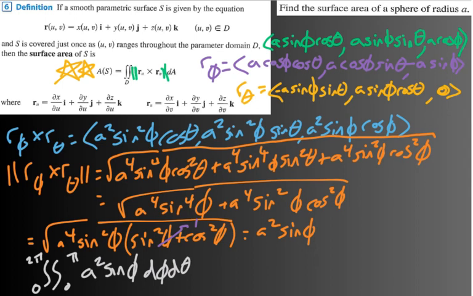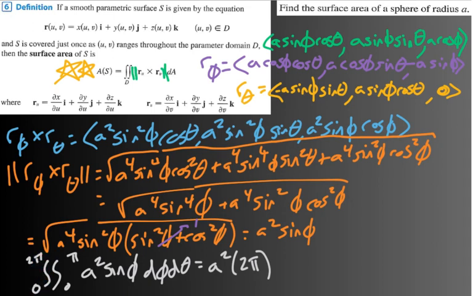So basically, you could pull out the a squared, right? We don't need that. Then it's a separable double integral. So there's no theta in there. So we could really just multiply by 2 pi for the theta integral.